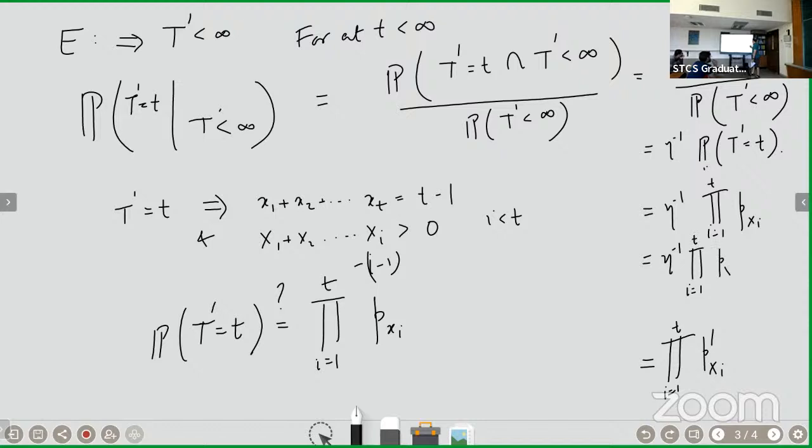So P prime, what is P prime times eta to the power of minus x_i? Everything is flipped: minus x plus 1. Yes. Now can you observe something? Why should I go from here to here?